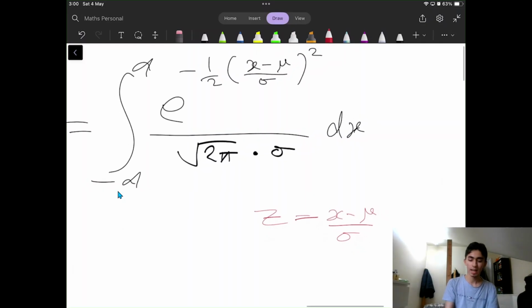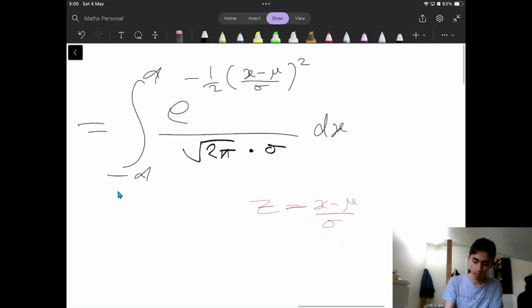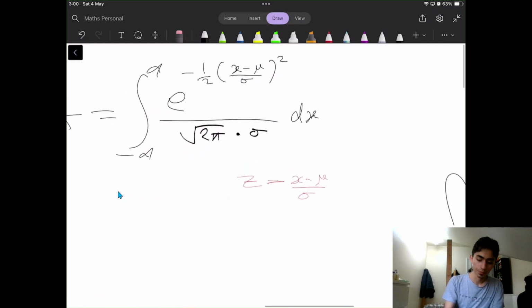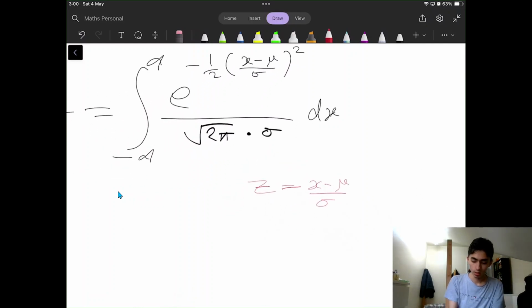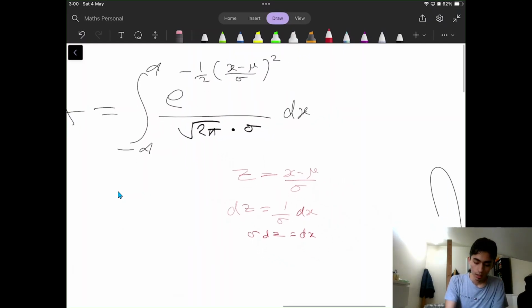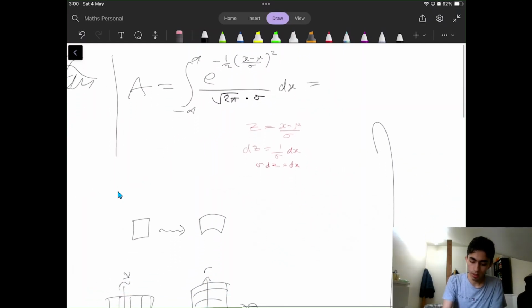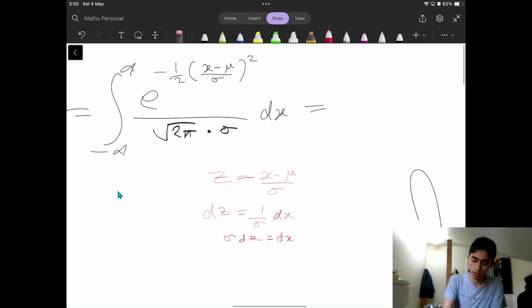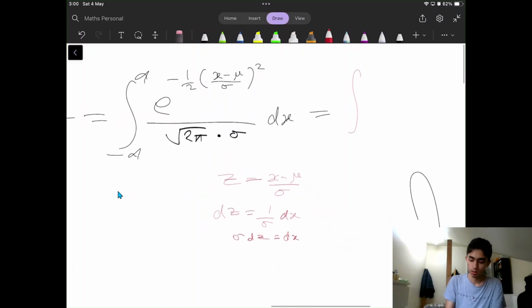Okay, this is not quite the same as the Gaussian curve. This is because, you'll see. Anyway, let's just differentiate this implicitly. We get dz equals 1 over sigma dx, and sigma dz equals dx. So this integral can be written purely in terms of z, under all these weird things.